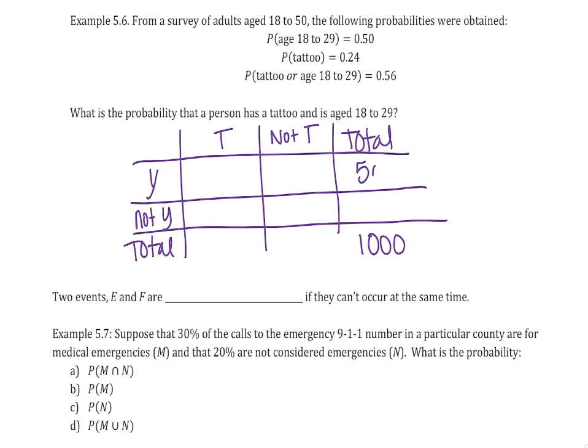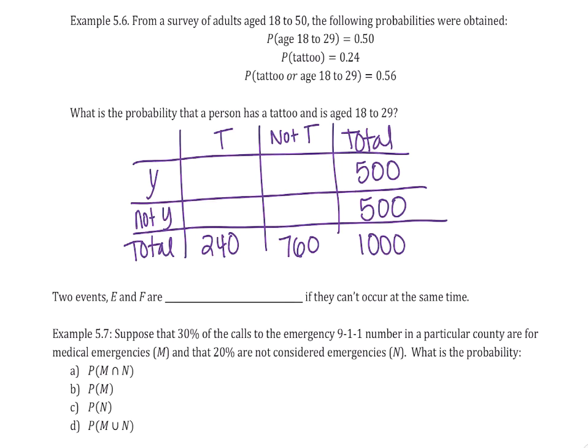So that means 500 of our sample are young adults, which tells us that 500 are not young adults. Then we know the probability of having a tattoo. That's a total value. So there's going to be a total of 0.24 times 1,000, or 240 people with a tattoo. Well, that then tells us that we can take 1,000 and subtract 240, and we see that 760 people in this group did not have a tattoo.